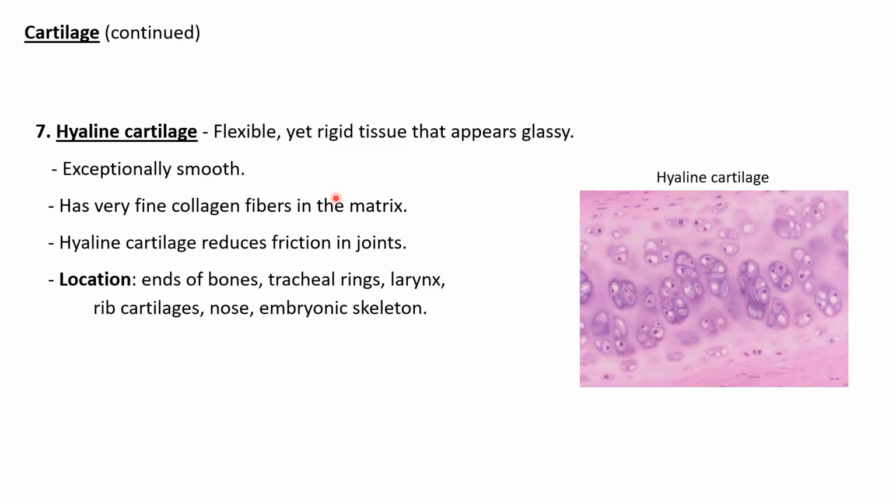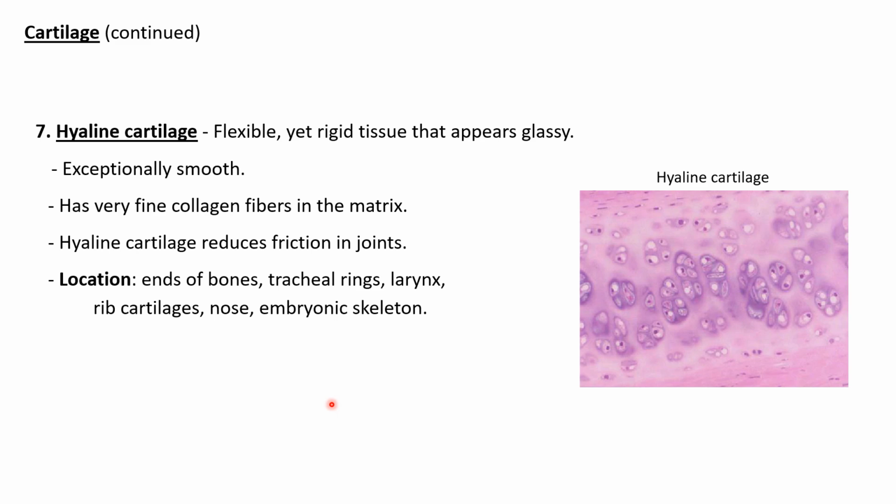Your hyaline cartilage is flexible, rigid tissue that appears glassy. It's very, very smooth. It has very fine collagen fibers in the matrix that you can't even see with a stain. Hyaline cartilage reduces friction in joints. The location is the ends of bones, the tracheal rings, the larynx, rib cartilages, the nose, and the embryonic skeleton.